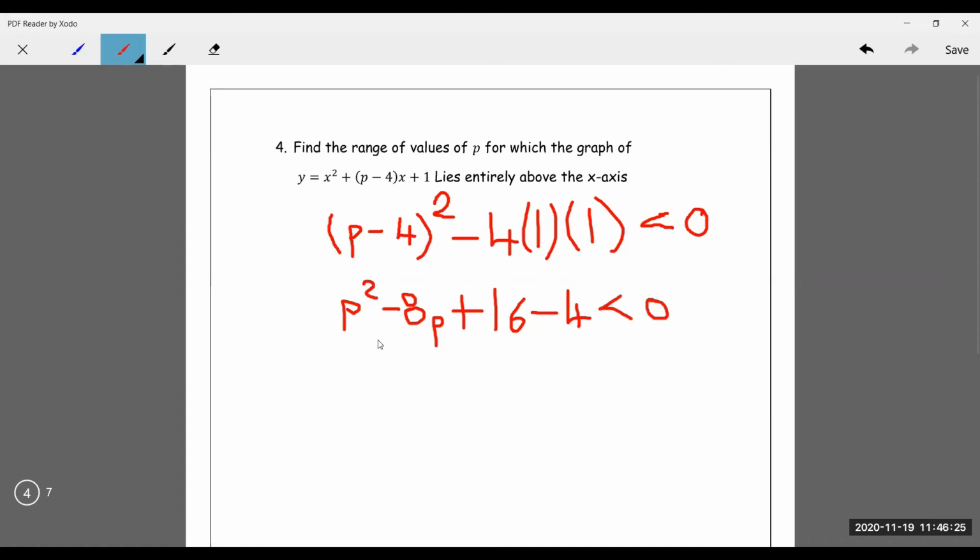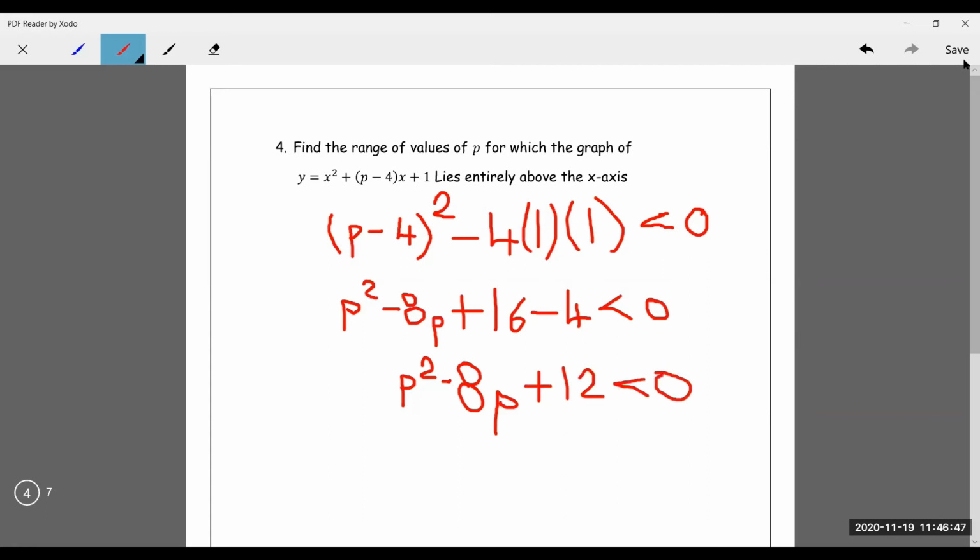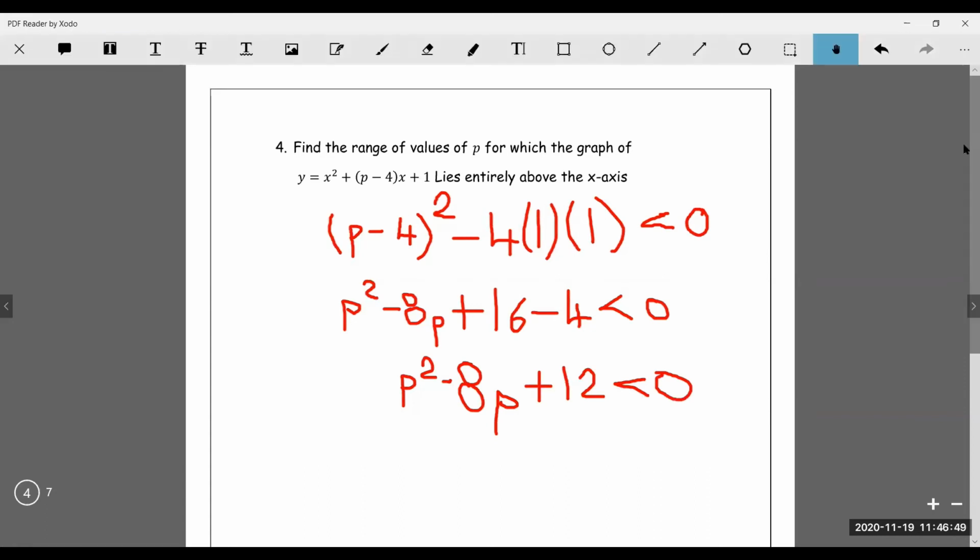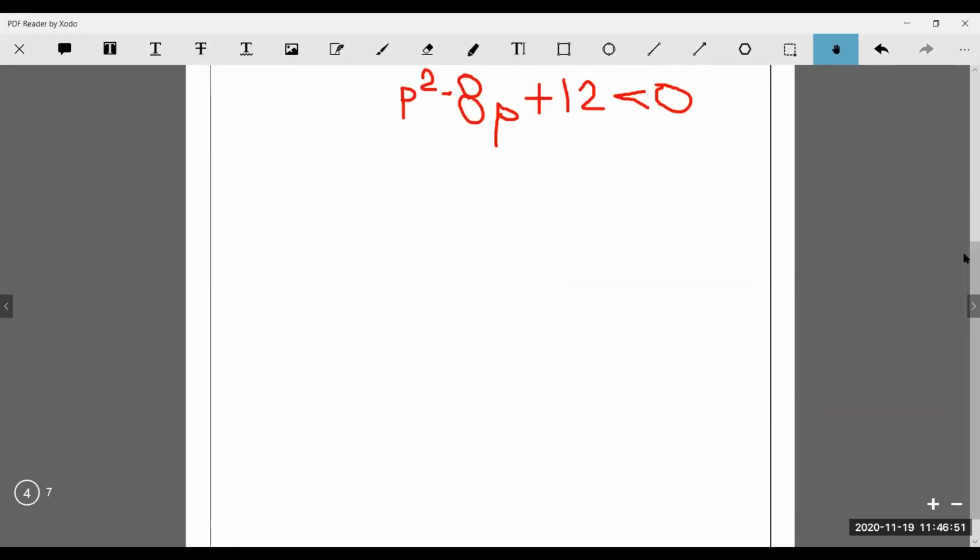So now we're solving P squared minus 8P, and 16 minus 4 is positive 12, plus 12, and that is less than 0. Voila. Nice. Lovely.